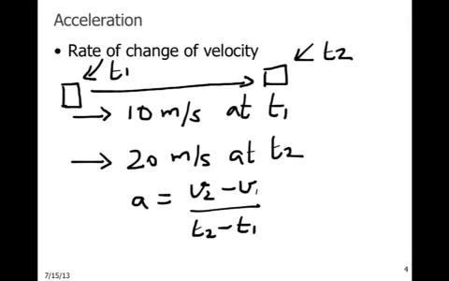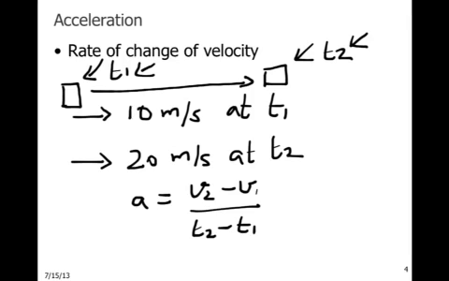So acceleration represents the rate at which the velocity is changing. Sometimes it could be increasing, it could also be decreasing. So you could have 20 miles per second velocity at time t1 and then 10 miles per second velocity at t2, and that is also acceleration. We normally refer to it as deceleration.